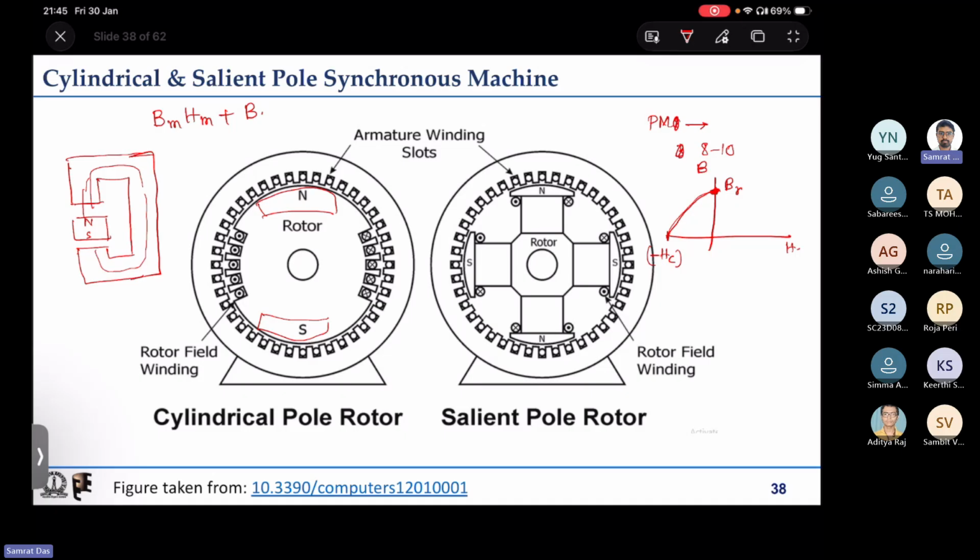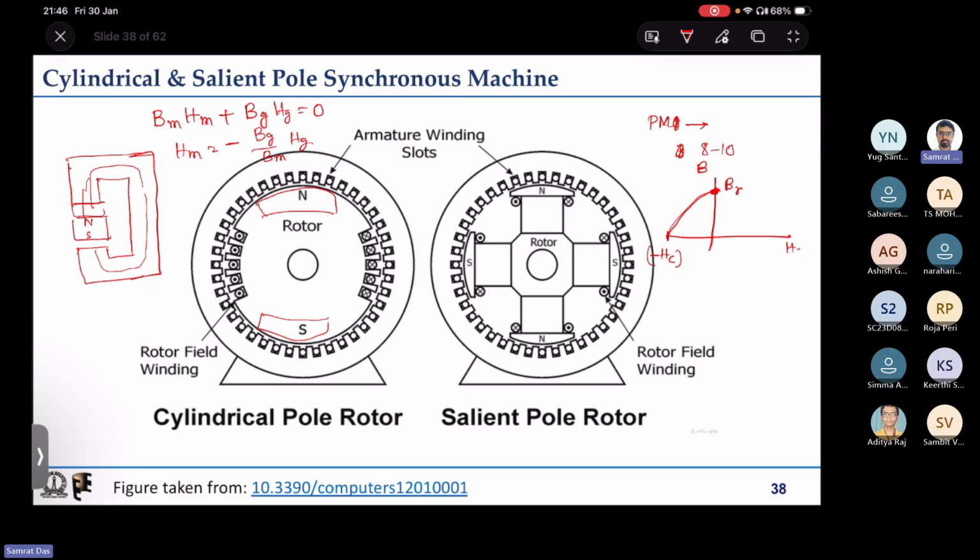Bm, and the other portion is basically the gap portion, because for iron we can assume it is negligible. So Bg into Hg will be equal to 0, because there is no other MMF source other than this permanent magnet. So H magnet will be negative of Bg divided by Bm into Hg.